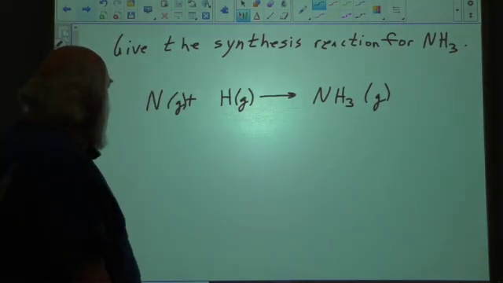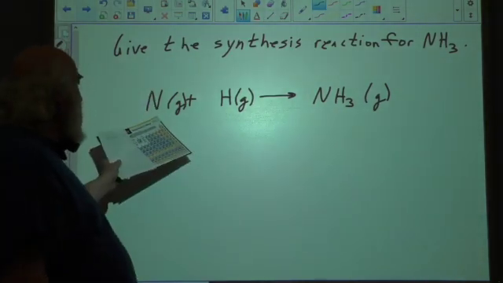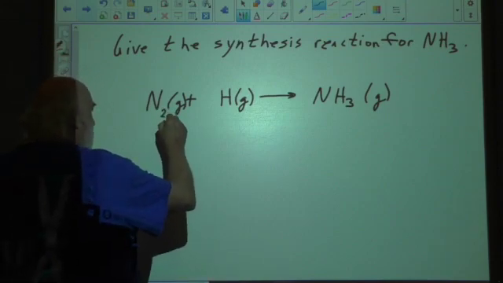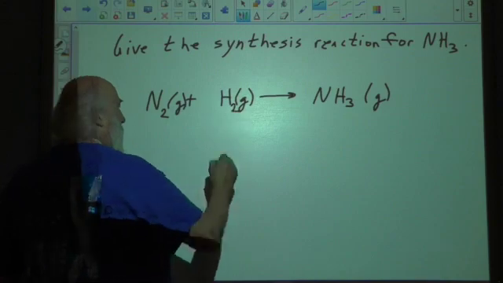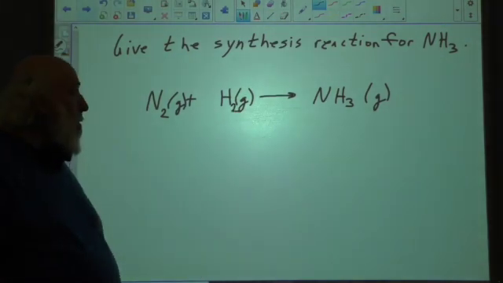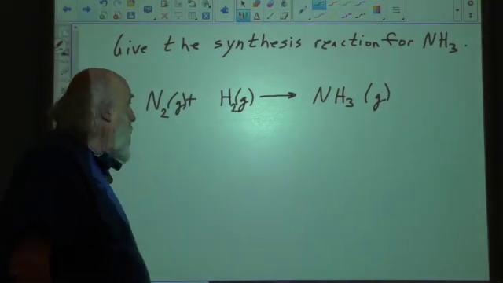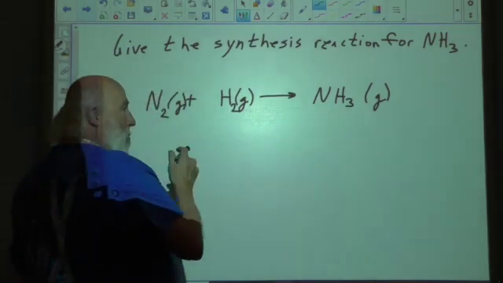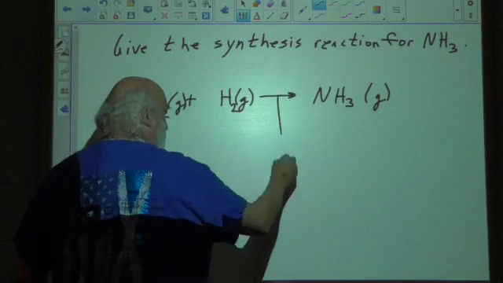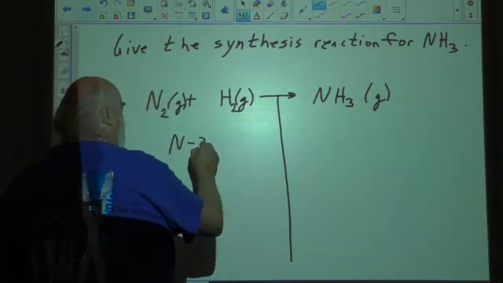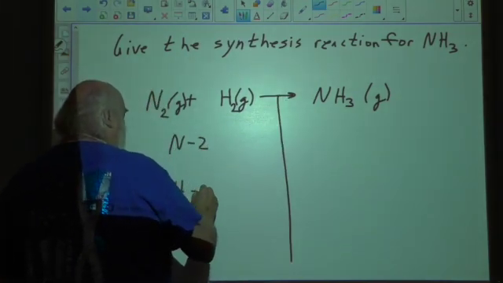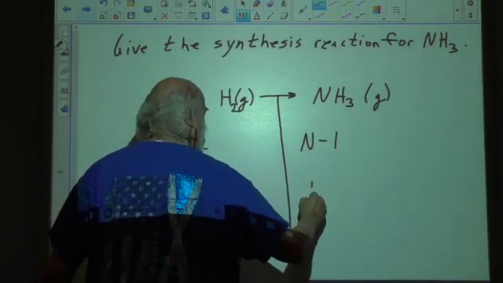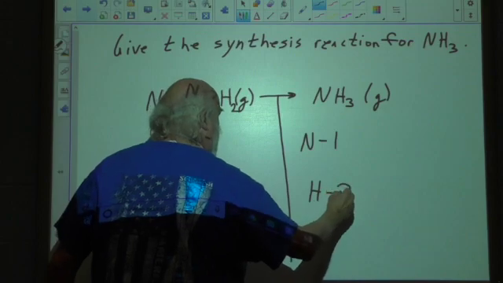Okay? Now we check for diatomics. Is nitrogen diatomic? Well, it's on that list, so we put a 2 there. We already know hydrogen is diatomic, so we do that. And we don't worry about this because this is a compound, not a single element, so we don't put any 2s over there. We have 2 nitrogens, 2 hydrogens, 1 nitrogen, and 3 hydrogens.